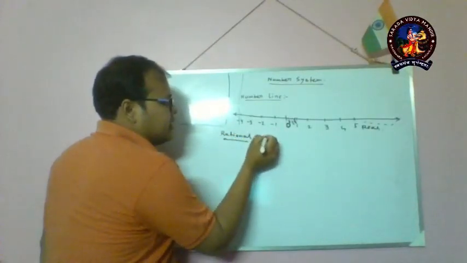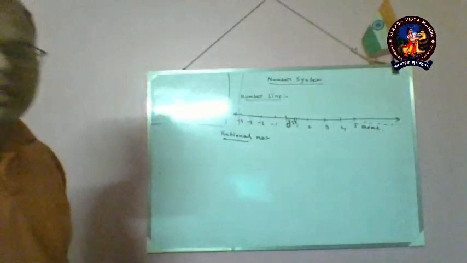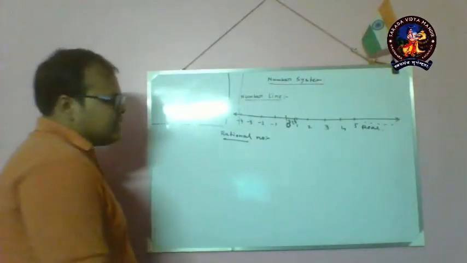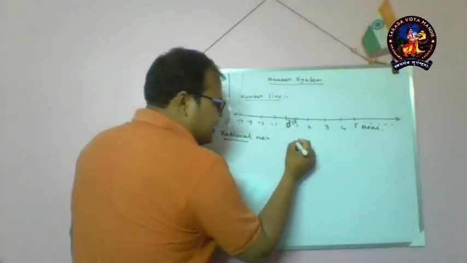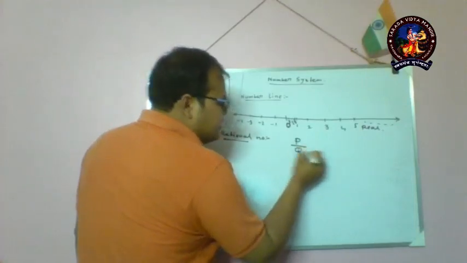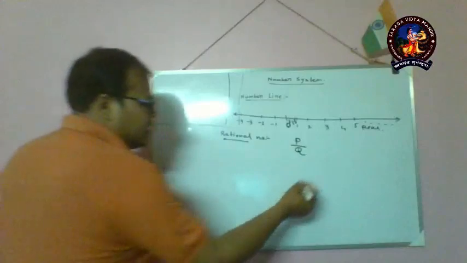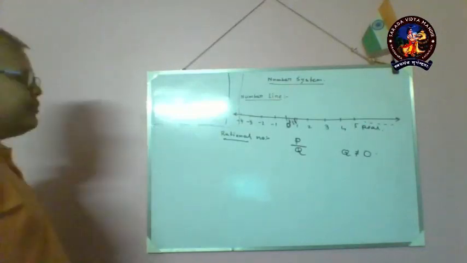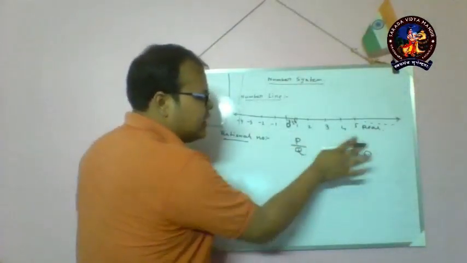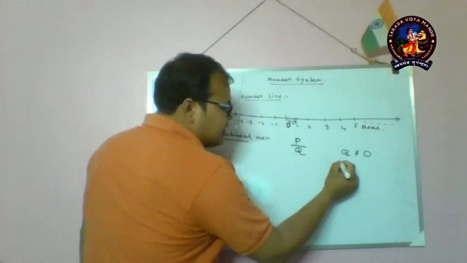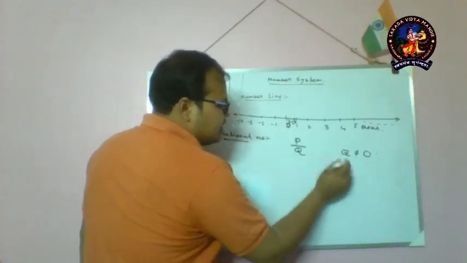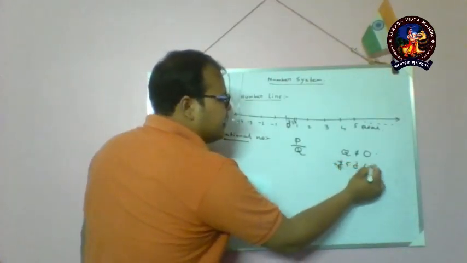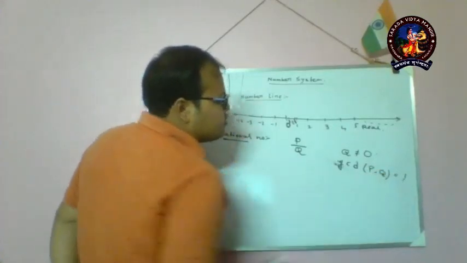Rational number. So what is the definition of rational number? The definition of the rational number is a number if it can be expressed in the form of p by q, where q is not equal to 0. Since nothing can be divisible by 0, so p by q you have to write where q should not be 0, and the GCD of p and q should be equal to 1.